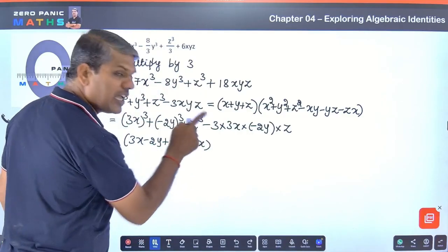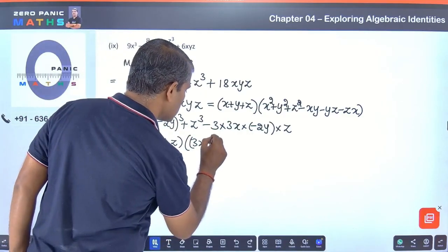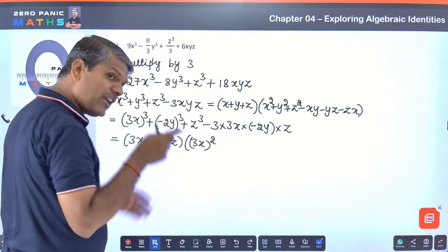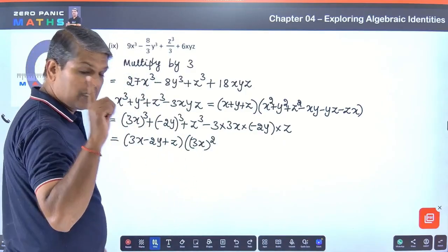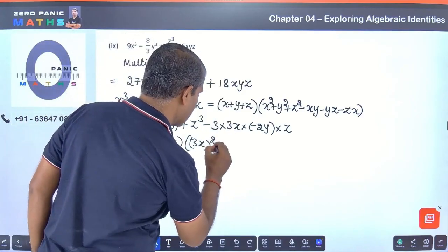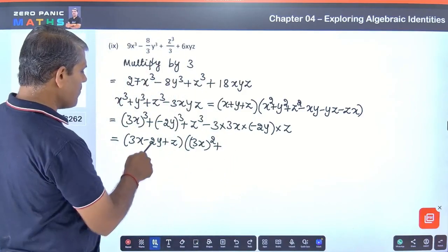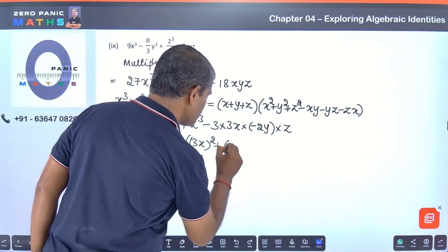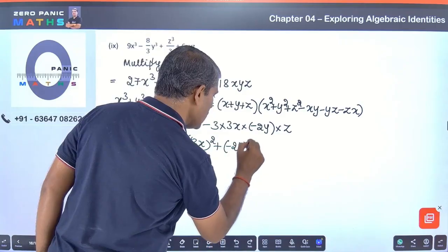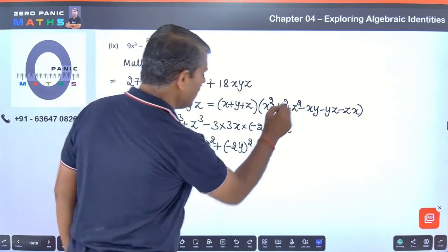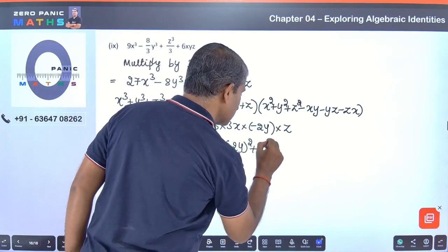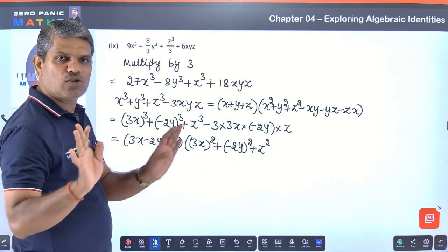Don't write it as 3x square, okay? 3x whole square, because 3x itself is x for us. Remember this and do it carefully. Again and again I'm telling you. Plus minus 2y whole square. It is y square for me. Next term is z square, and z is z only. There is no change in that.